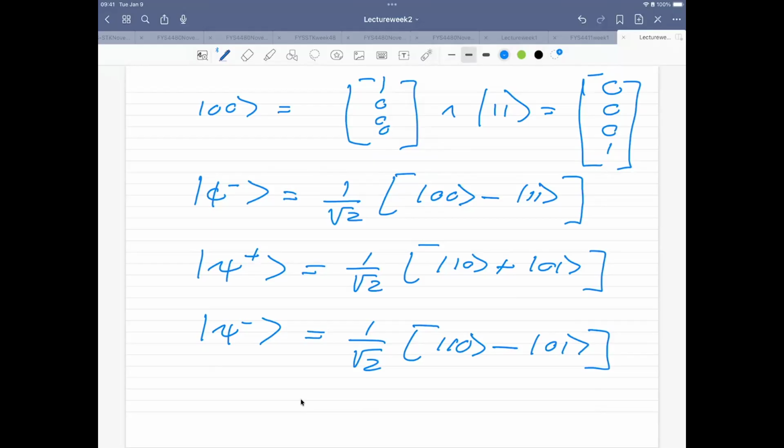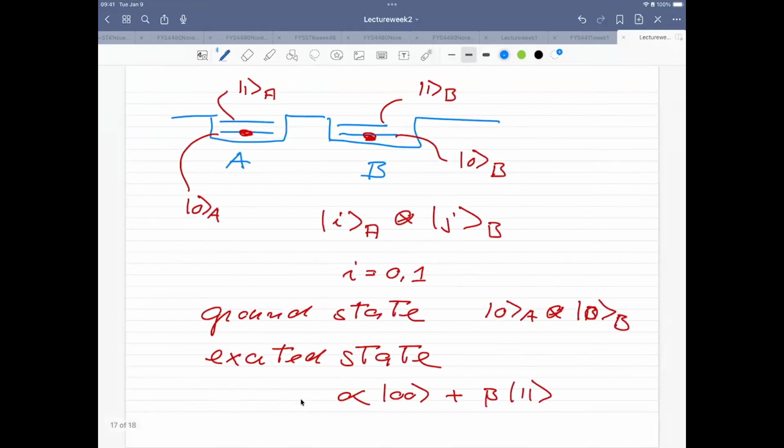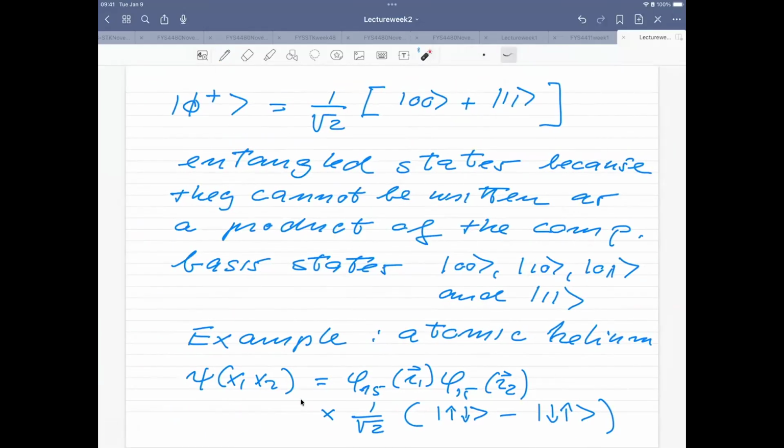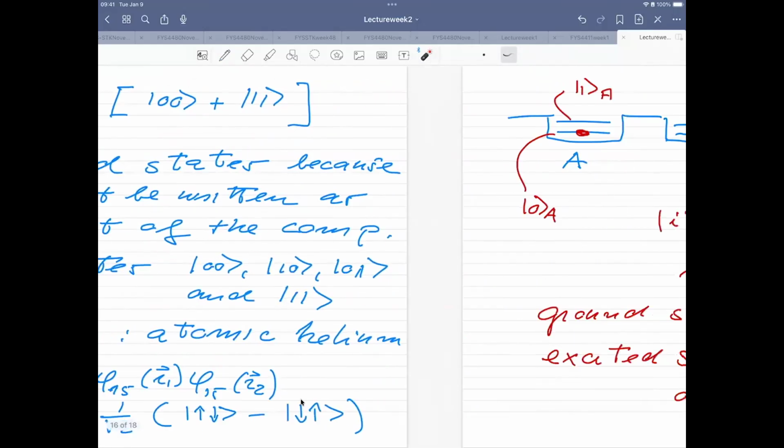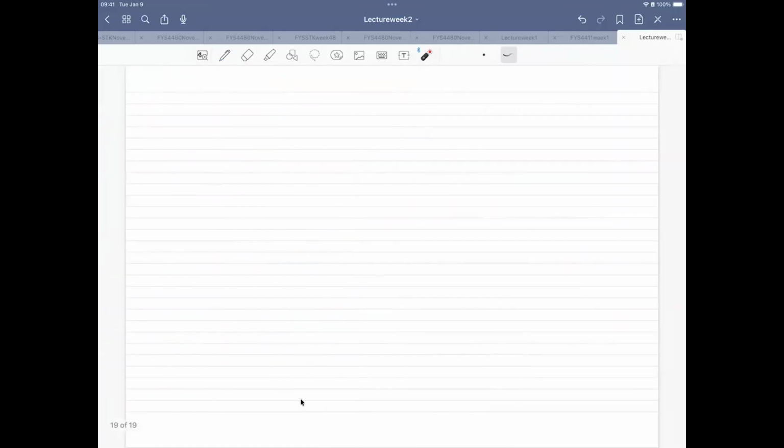So I can now make a density matrix for the first state. So let's go back to this one. So this state which we have here, let's look at what the density matrix looks like, and let's run through the calculations. So we can now define the density matrix of this phi plus.